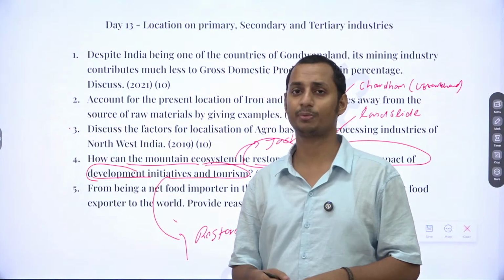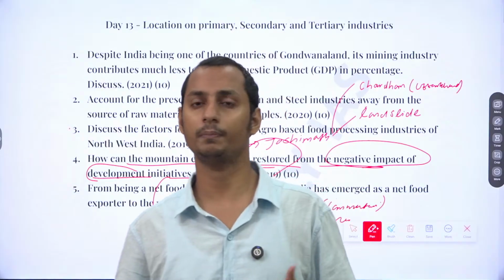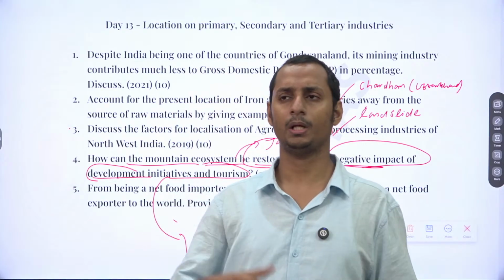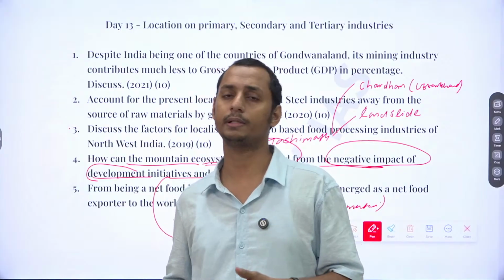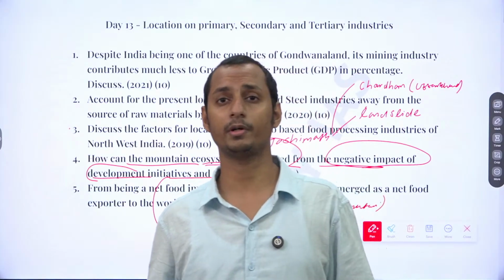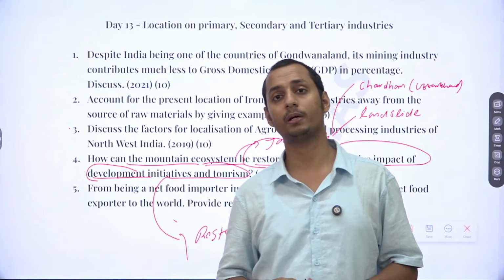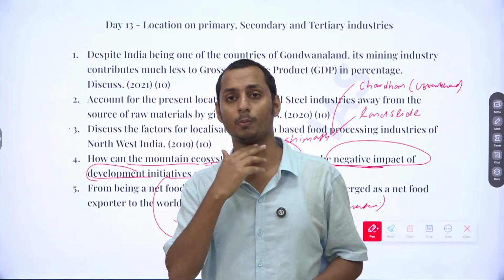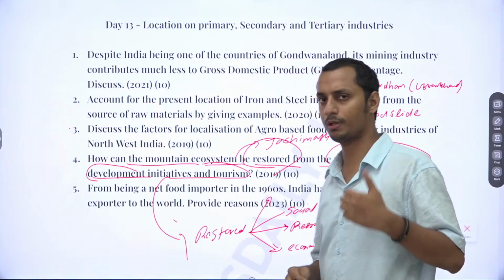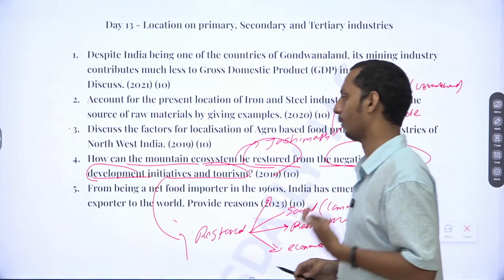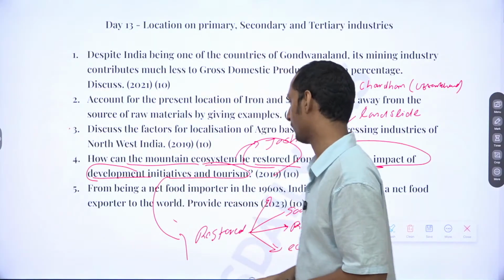You can mention sewage treatment plants for reducing pollution. You can mention all these areas, okay? You can mention the introduction of electric vehicles, such as in Uttarakhand, where they have introduced a policy. In Sikkim, they have introduced a policy. Even the PM e-bus seva has been introduced in mountainous regions for the promotion of electric vehicles. So try to mention all these factors, okay? Go for social, environmental, technological, and all these factors. Also try to provide examples regarding the recent government initiatives as well.